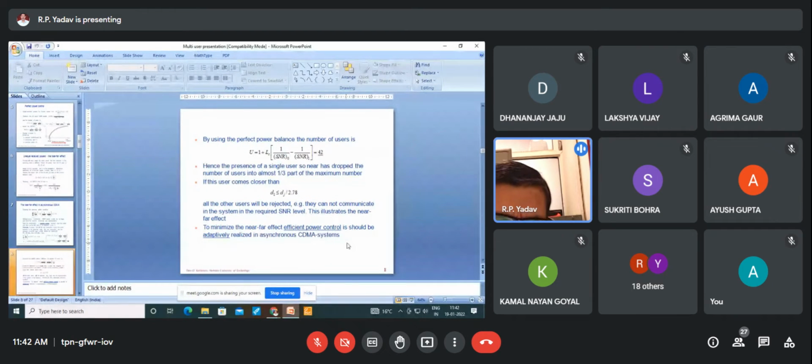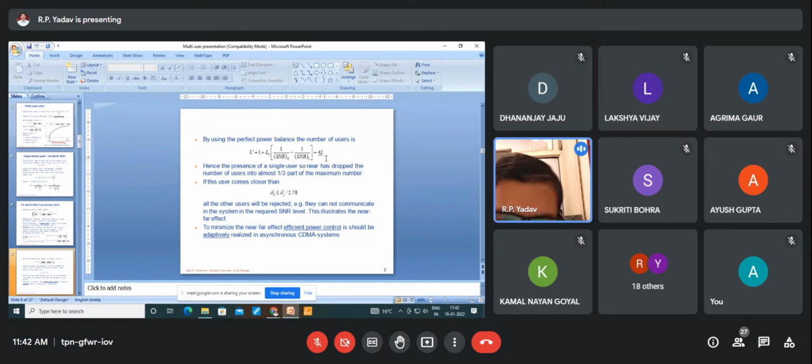By using perfect power balance, the number of users, look here, if a single user is having more power, it only comes to 14 there. If you have a perfect power balance, then the users can be increased to a level of 42. So that's a difference. That's what is necessitated; you have to find a solution for this kind of near far problem.